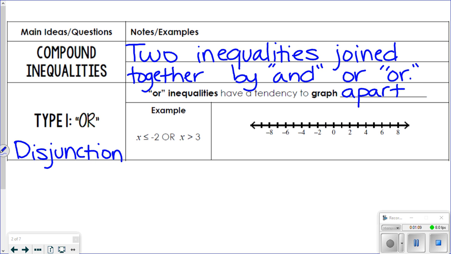So if we were to graph x is less than or equal to -2, we're going to put a closed circle at -2, and we want to shade less than that, so we're shading towards the left. X is greater than 3, so an open circle at 3, and we're shading greater than to the right. So a disjunction uses the word or, and we shade apart, opposite directions, we shade out, however you want to think about it.